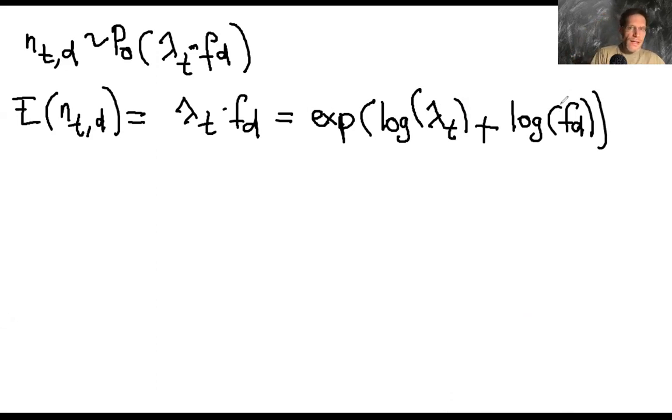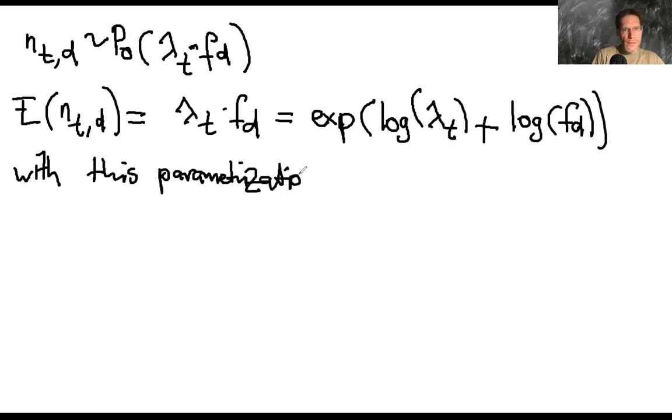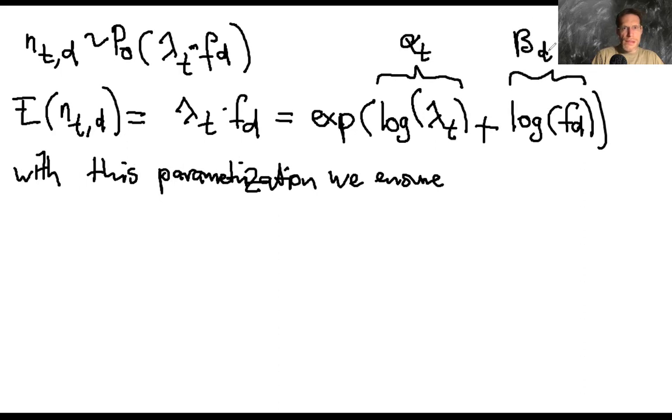But the nice thing is that with this parameterization, we will define something like this, let's say alpha t, and we will define this here as beta d, right?